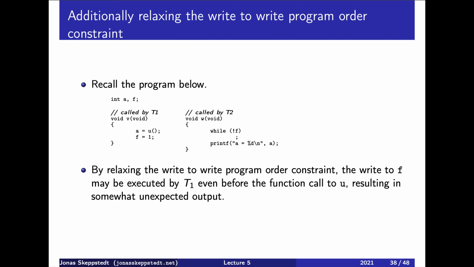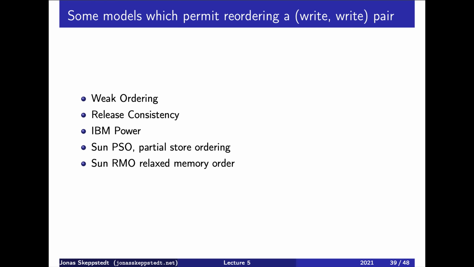Write to write program order. What that means is that these two writes can be reordered. That can be quite disastrous if we don't expect that to happen. Okay, so models which permit this reordering, now it's fewer. Weak ordering and release consistency and IBM Power. Partial store ordering and relaxed memory order.